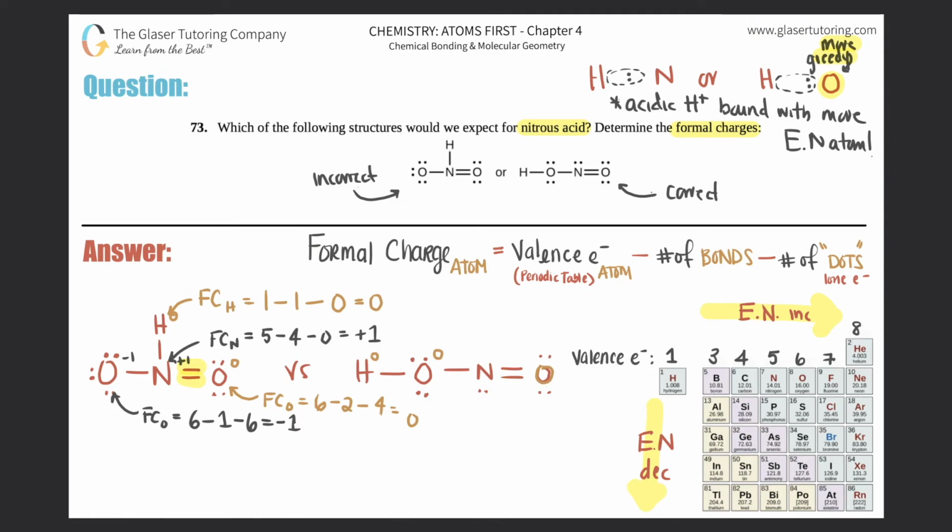So that also is neutral. The only thing is now we just got to find out the formal charge of this nitrogen. Nitrogen has 5 valence electrons just like before. Minus, there was 3 bonds here and 2 dots. So that's 5 minus 3 minus 2. So that's 0, and that's neutral.